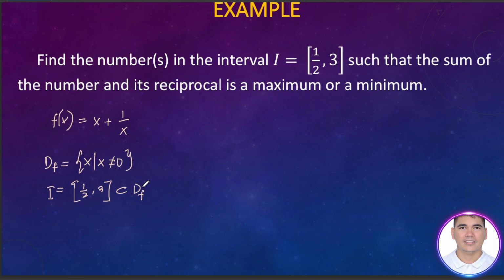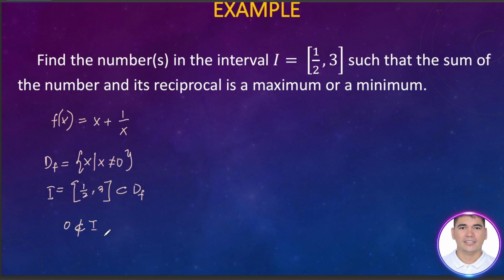This means that f is continuous on I. Why? Since 0 is not an element of I. Between 1/2 and 3, there is no 0, since we stated that x is not equal to 0. By the extreme value theorem, we are assured that the absolute maximum and the absolute minimum exist in this interval.